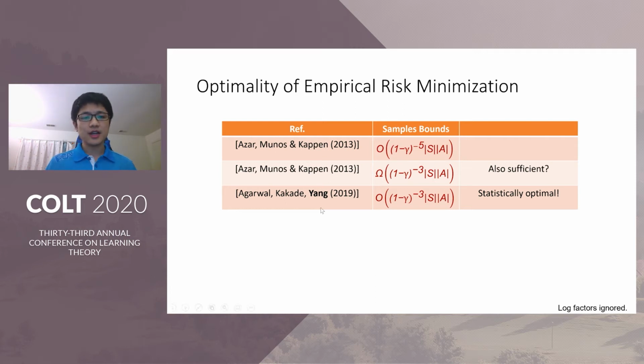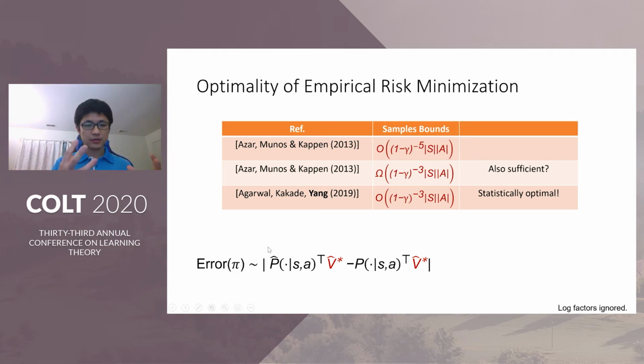So our paper gives the result saying that this simple algorithm is statistically optimal, meaning that we show a sufficient condition: if the algorithm uses this number of samples, it can be guaranteed to output a good policy with high probability. To get this result, we reduce the error of the policy into this simple equation.